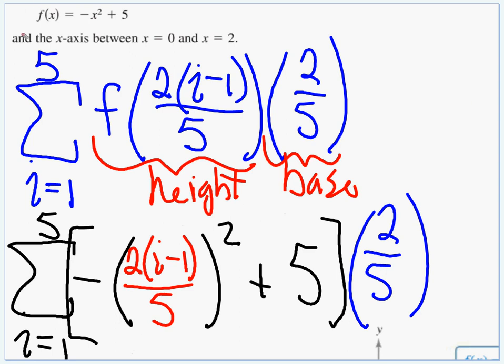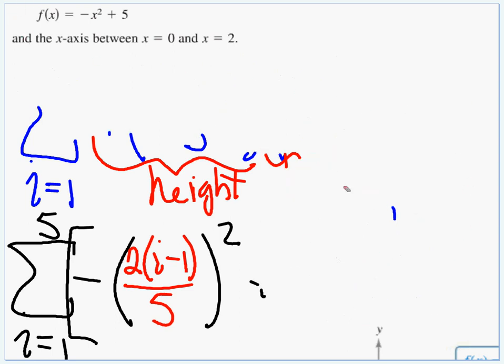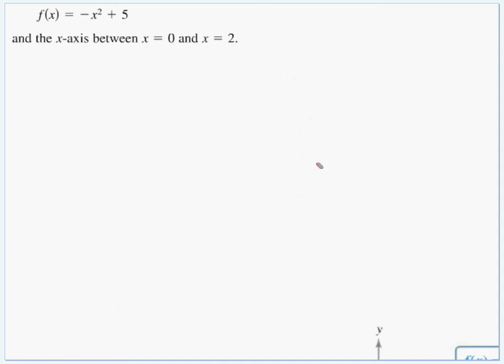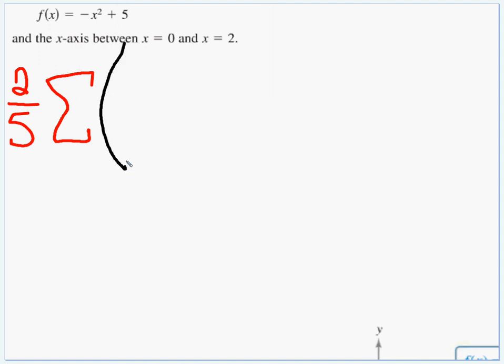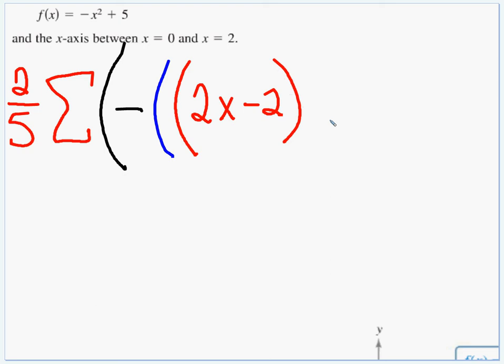But another aspect to this class is getting good with the TI-89 calculators. Now write this down in your notes. We'll probably have time to work on this in class. There is a summation drop-down menu, and we're going to type in there our 2/5, and then bring up the summation symbol. Now be very mindful of these parentheses: negative, another parenthesis, followed by another parenthesis, and then we'll put in our 2x minus 2, and close the red parenthesis, but then divide by 5.